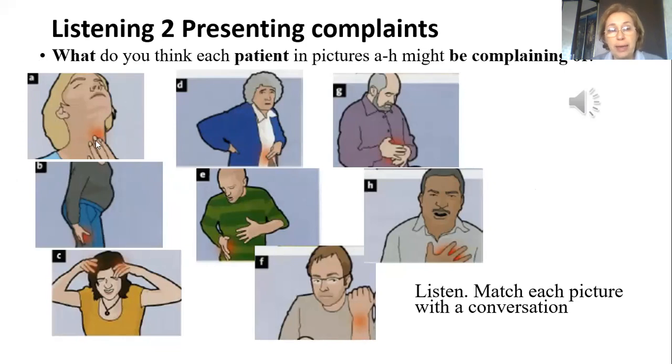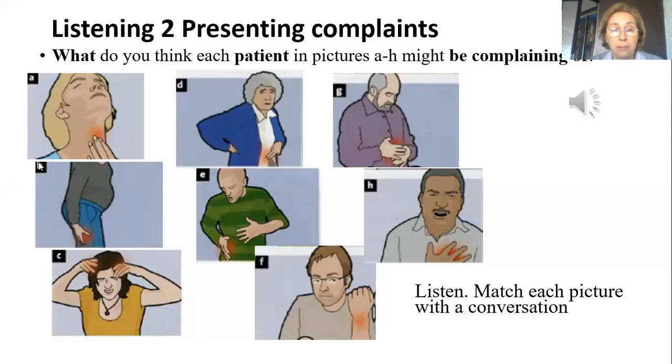So in picture A, this person is touching what part of the body? What do we call this part of the body? Larynx or throat? Yes. Then B, what's wrong with her? Thigh. The thigh.